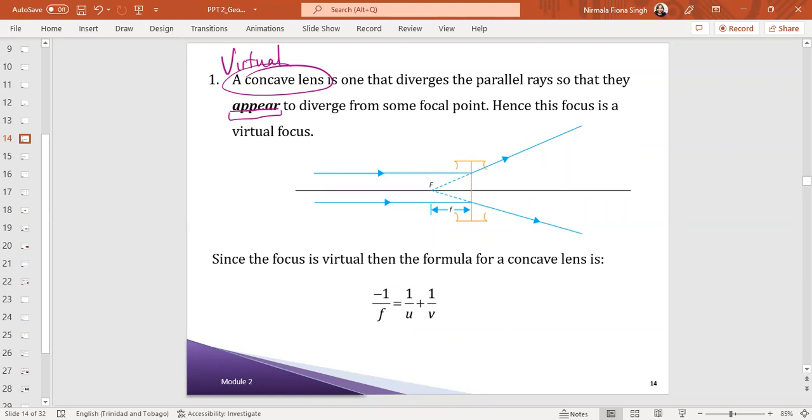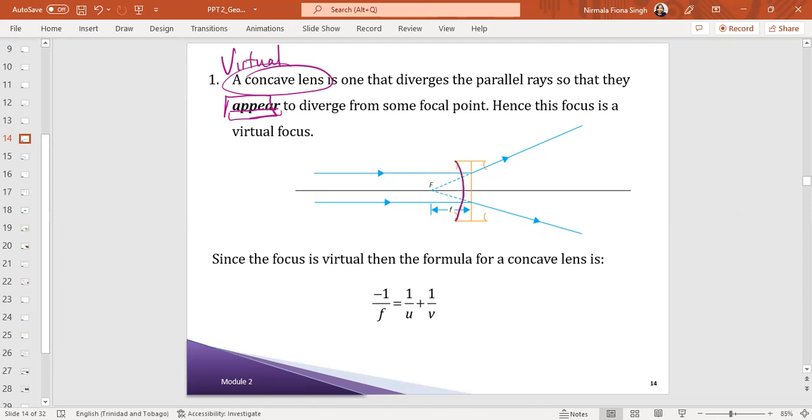All right, sorry. So they appear to diverge from some focal point, meaning it did not actually start from said point. Hence why we call these virtual images, because they don't move the way a real image behaves. So that's to go into our diagram here.